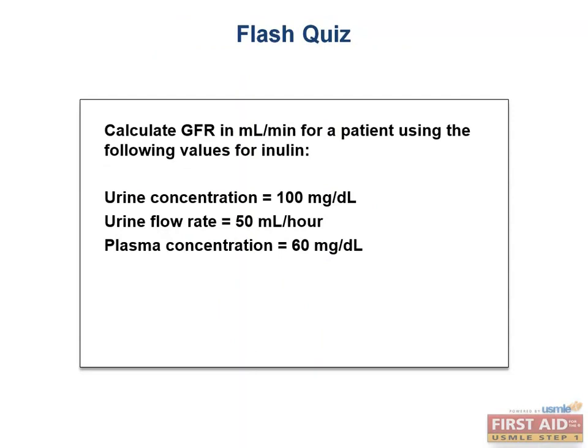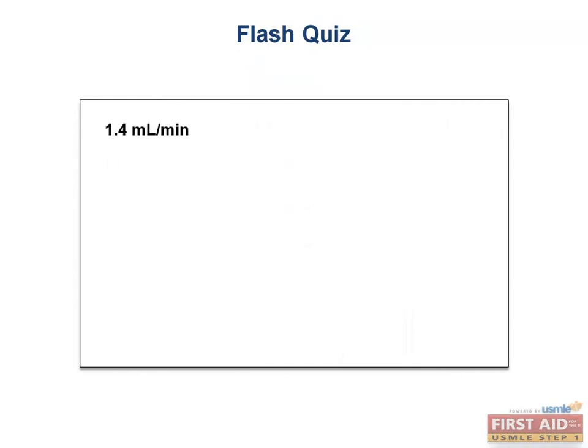Calculate GFR in mils per minute for a patient using the following values of inulin. Urine concentration equals 100 mg per deciliter, urine flow rate equals 50 mils per hour, and plasma concentration equals 60 mg per deciliter. The answer is 1.4 mils per minute. Now let's see how we got that.